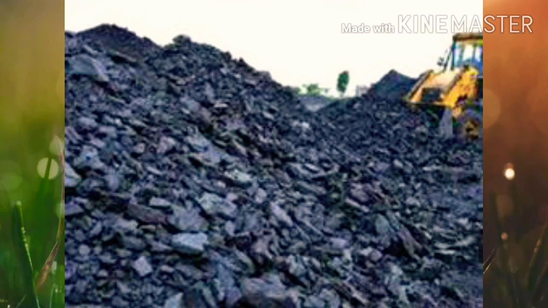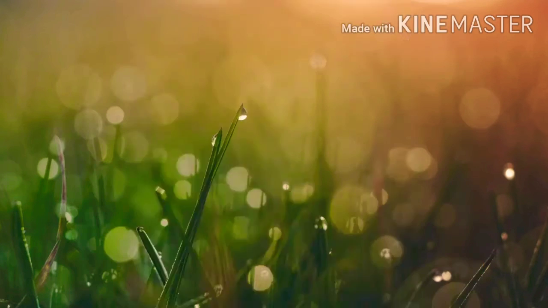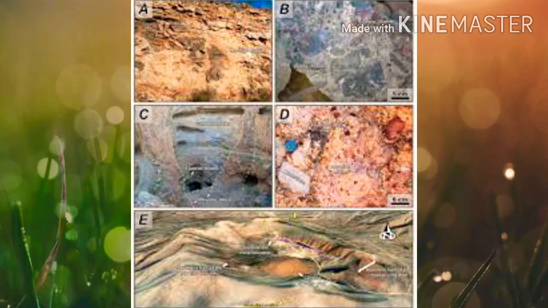In the states of Jharkhand, Chhattisgarh and Madhya Pradesh, we are rich in coal and mineral deposits, but lack in some other resources also. So these states are rich in coal and mineral deposits, but they are lacking all other resources and developments.